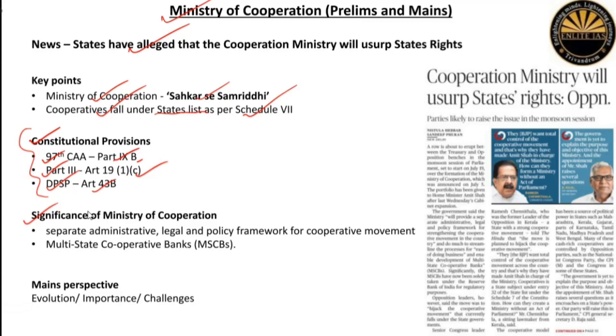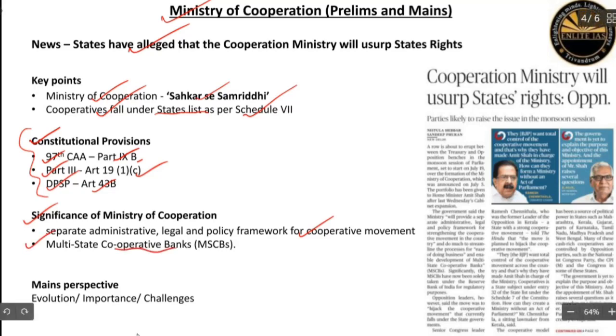Then regarding the significance of the Ministry of Cooperation, its creation provides a separate administrative, legal and policy framework for the cooperative movement, ensuring that the movement can flourish across the country with support from the center, which otherwise falls within the state's ambit.